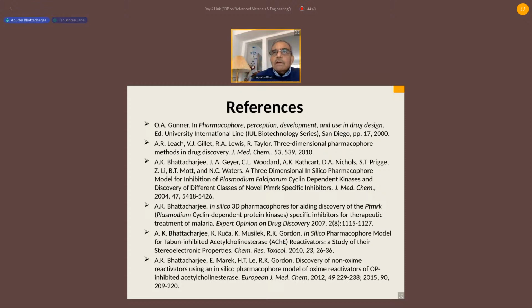No. You see, pharmacophore is going to discover, or rather identify, new compounds. If you go back to my first slide, this is a very expensive process of drug discovery.